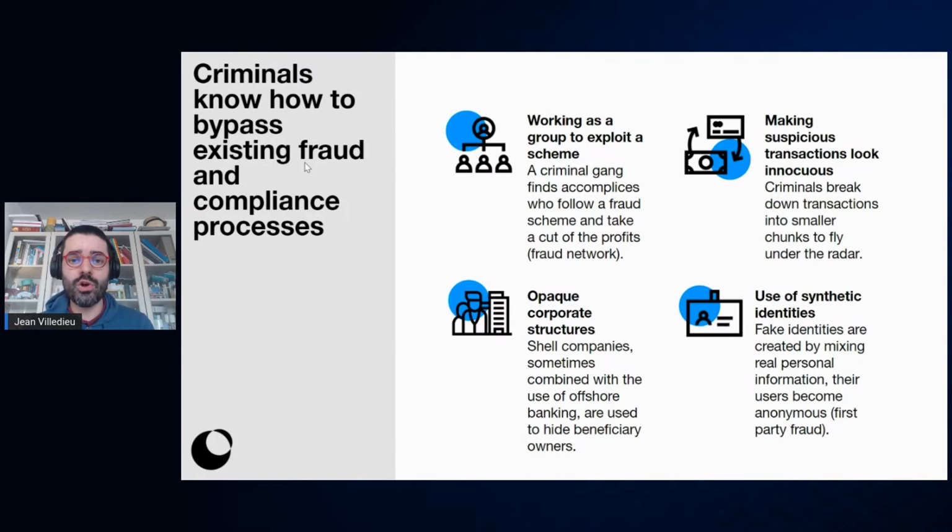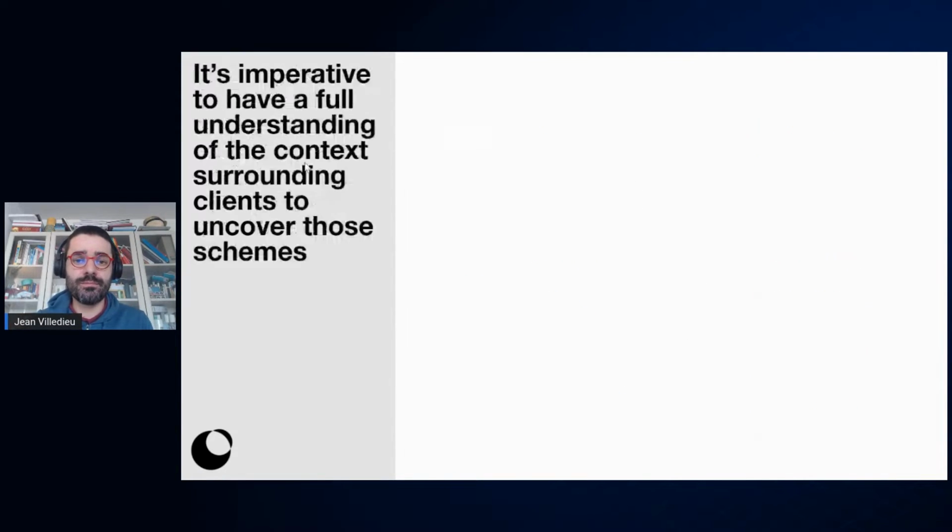They also use opaque corporate structures with lots of companies, some of them headquartered in offshore banking centers, to obfuscate who the true owners of a given entity are. And finally, they also use synthetic identities by mixing together pieces of personal information to create fake identities. So they really have a bunch of tactics that they can use to bypass the existing controls.